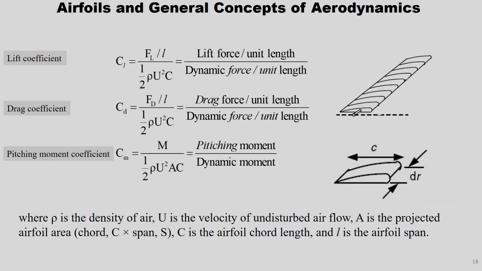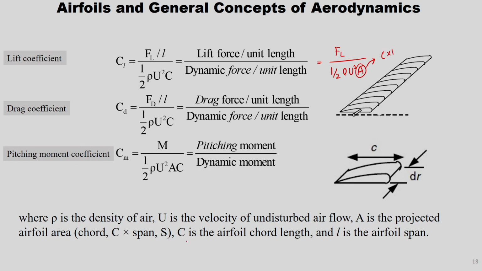And then the lift coefficient, drag coefficient, pitching moment coefficient, everything we already defined. However, if you want to consider them in terms of chord length and span, then you can define them that way as well. I probably told you F_L upon half rho u square A. So, this A is replaced by C into L, right.